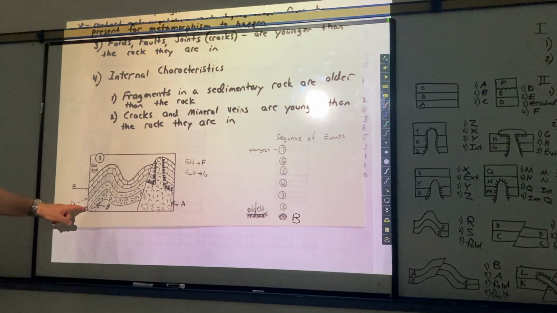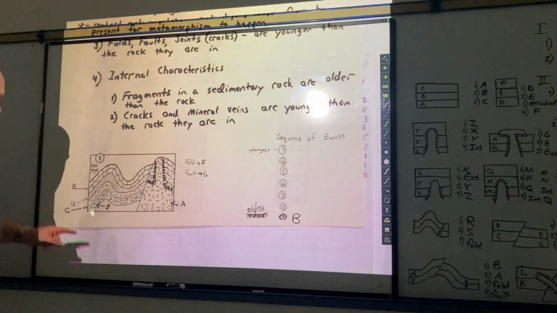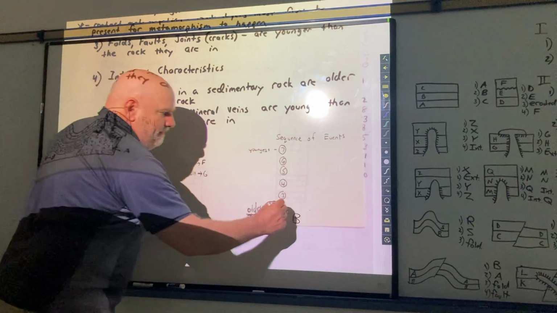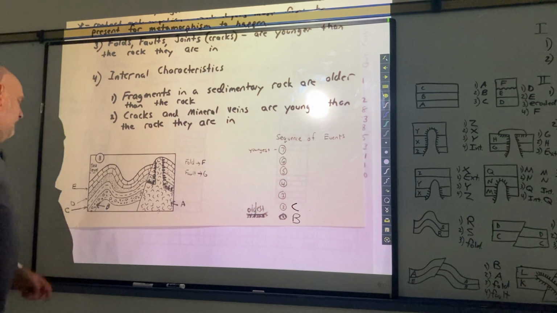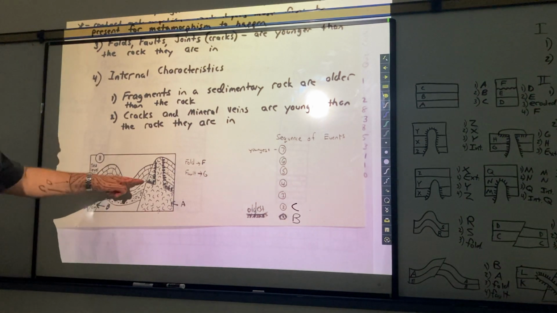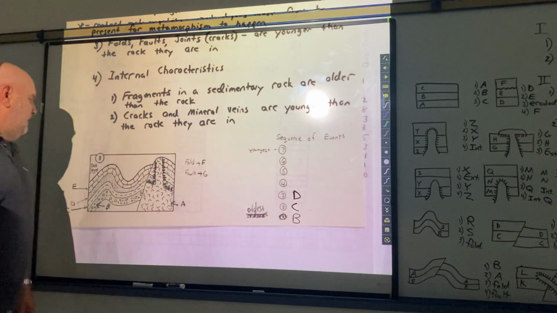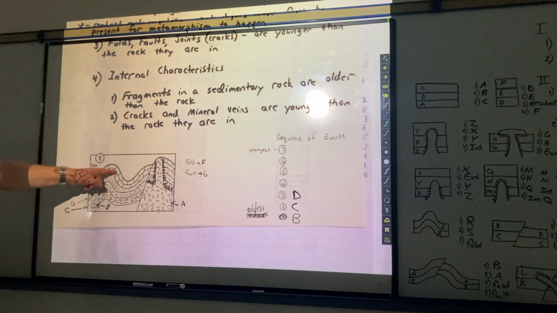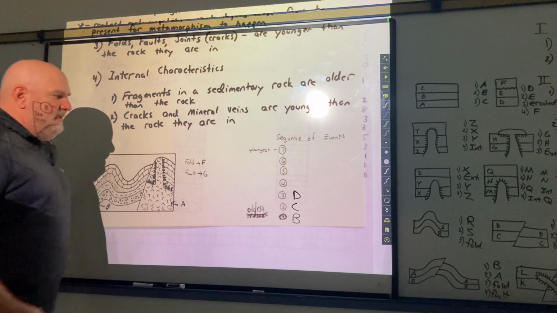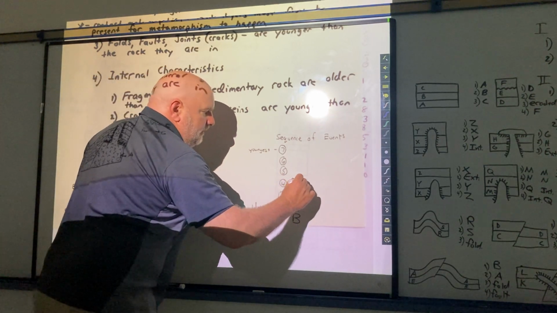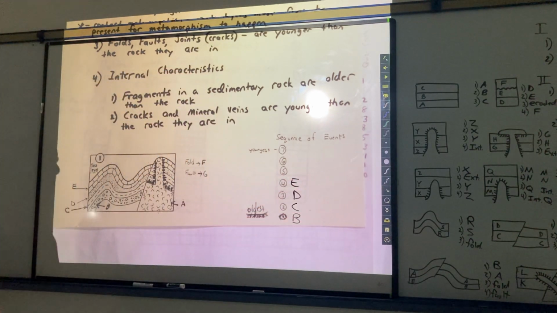Next one above B is that layer right there, which is layer C. Next one would be that layer right there, which is D. Next layer is that guy right there, which is E. All right, so I have the rock layers formed.